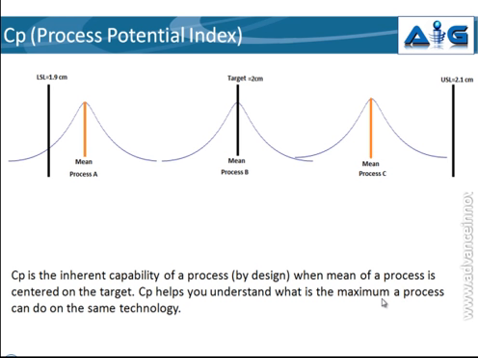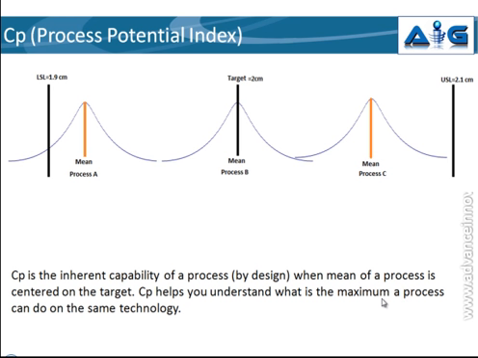Now speaking technically, we say CP is the capability of a process when the mean of our process is centered on the target. Let me explain what I mean. You can see here in this example there are three different possibilities. This is only one machine, but I'm assuming three different scenarios in which this machine is working for a client.